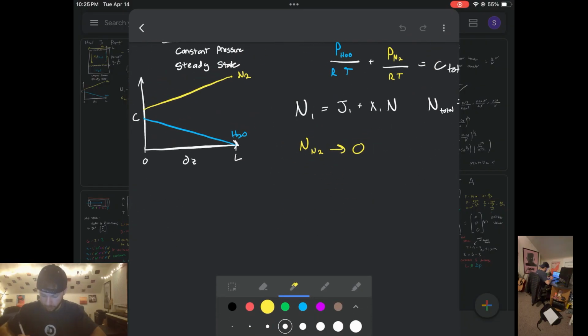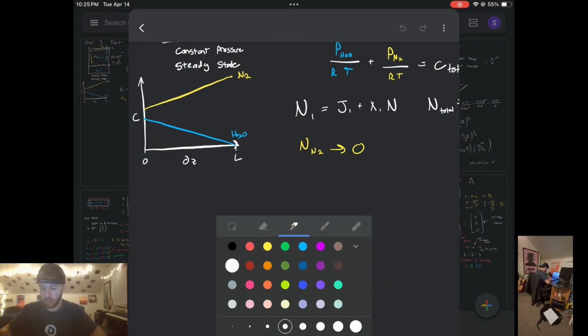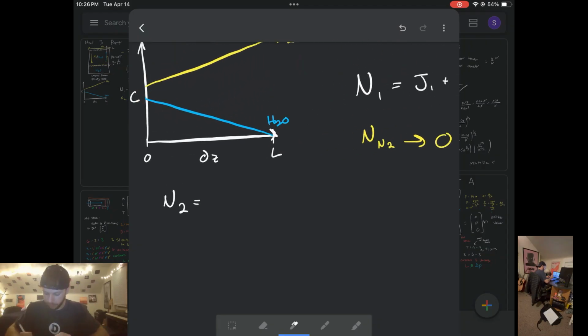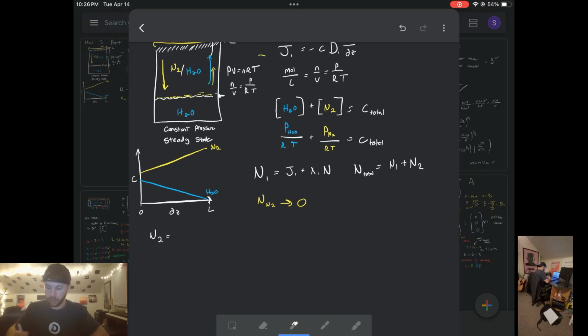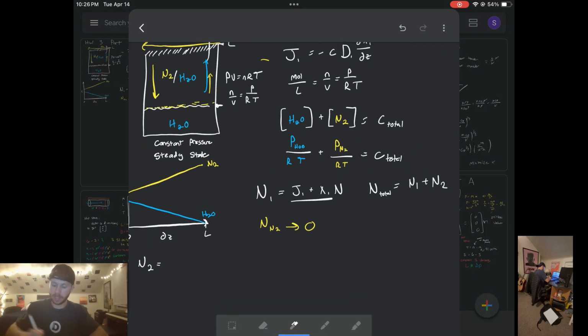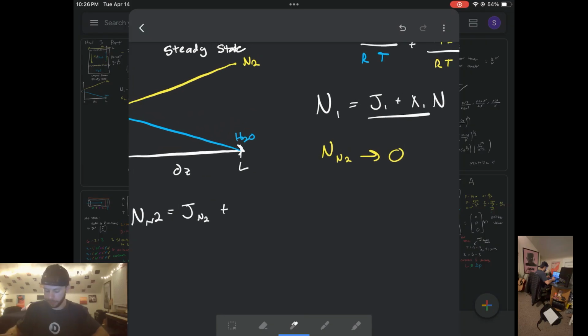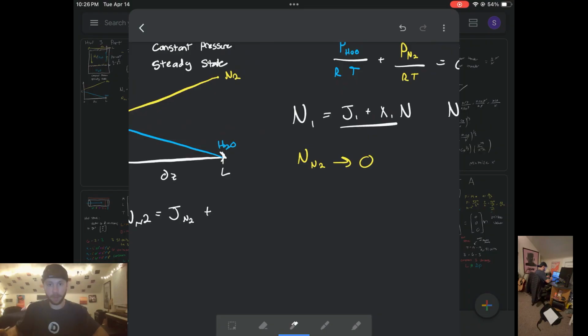And so if we write out our equation for our total flux on nitrogen, just because the nitrogen is only in vapor here, using our equation here, we can say that our nitrogen is equal to the molar flux of our nitrogen plus the mole fraction of our nitrogen as a vapor.